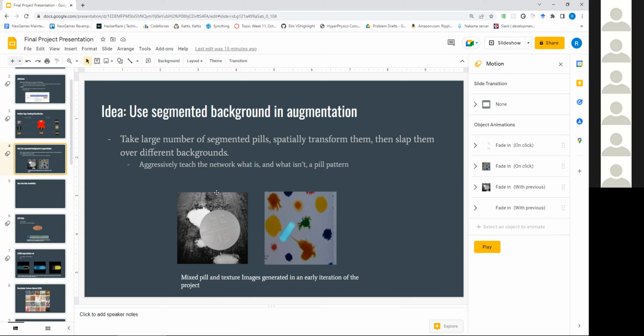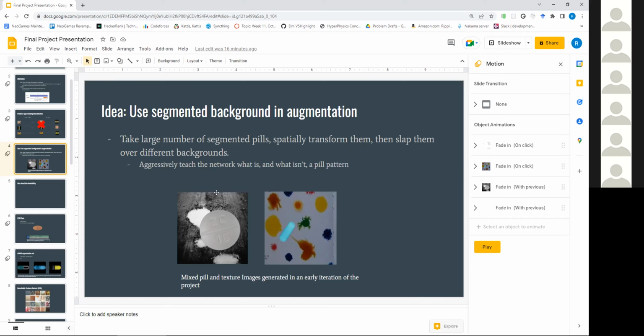One thing you can think about is that, let's say the same pill, and I just augment different textured backgrounds. Then if you consider that a positive pair in self-supervised contrastive learning, and another type of pill is a negative pair, in a way you enforce the network to pay attention to the pill itself.